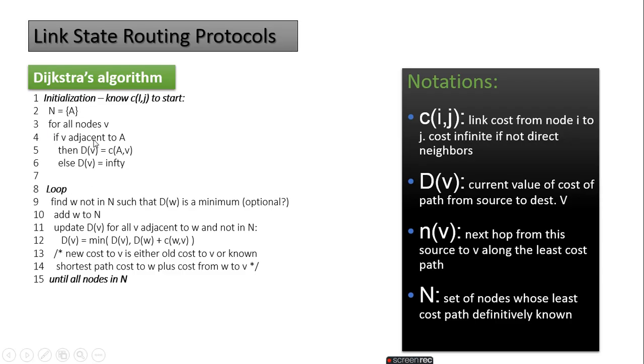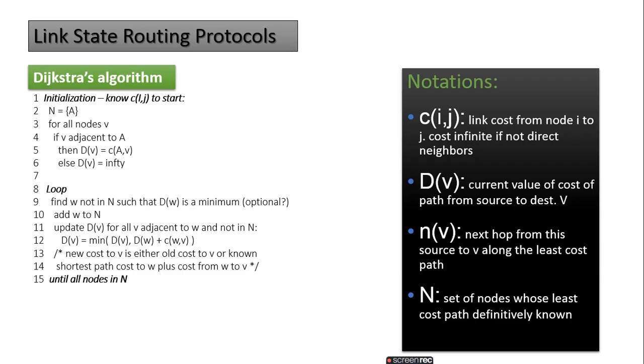Now you're doing this again and again until the minimum cost between two nodes is the lowest value that you can get. That means you're finding the path which has the lowest value between one source node and a destination node.